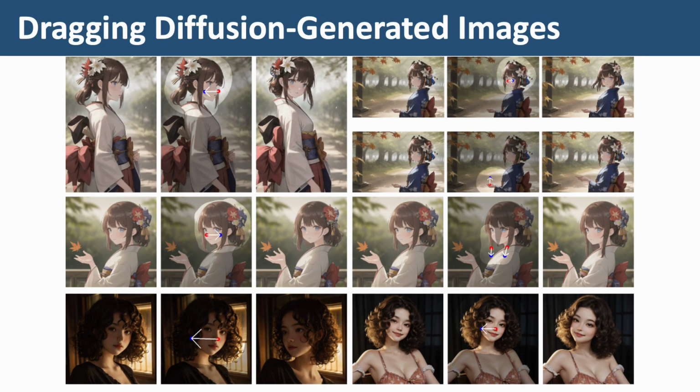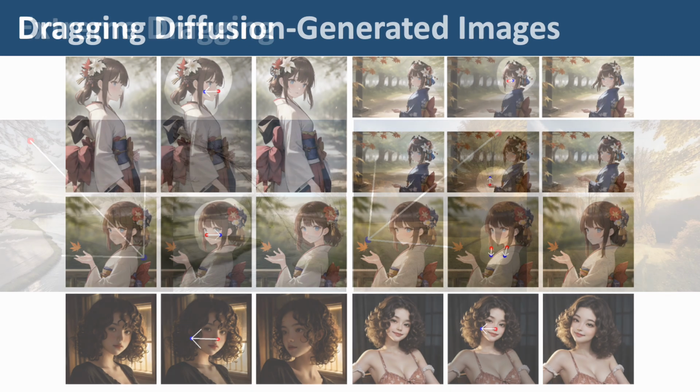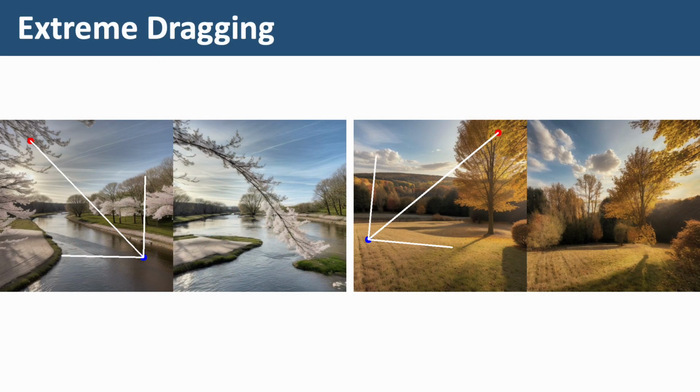Moreover, our approach is even more robust when dealing with diffusion-generated images. What's more, our approach can even handle drag-based editing with very large magnitude, such as those dragged across the diagonal of the image.